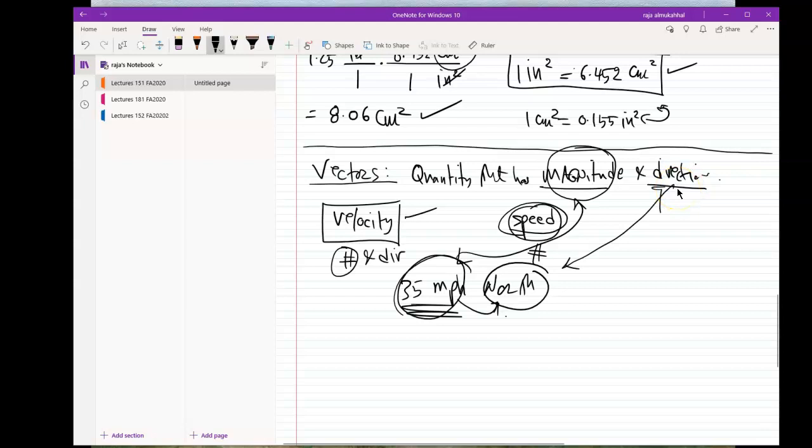Another example of a vector is force. Just like the words push and pull and lift when you go to the mall, push the door or pull the door. That's a force. You have to apply a force. Well, what direction? I'm ready to apply a force on the door to open it. Should I pull it or push it? It tells you push.